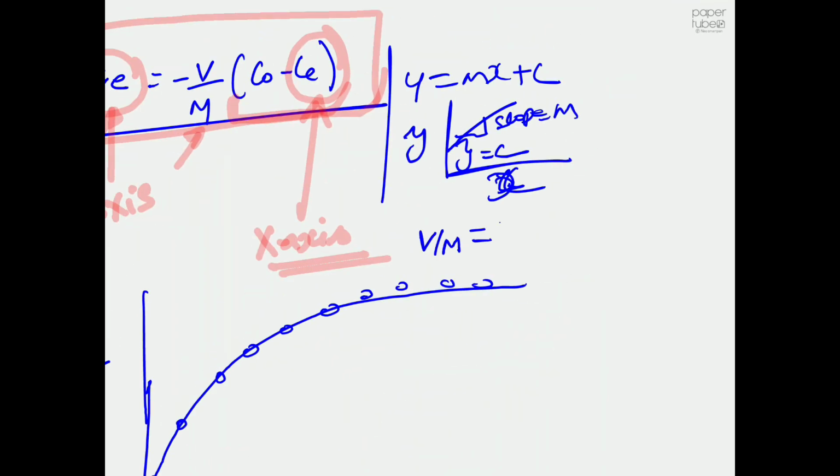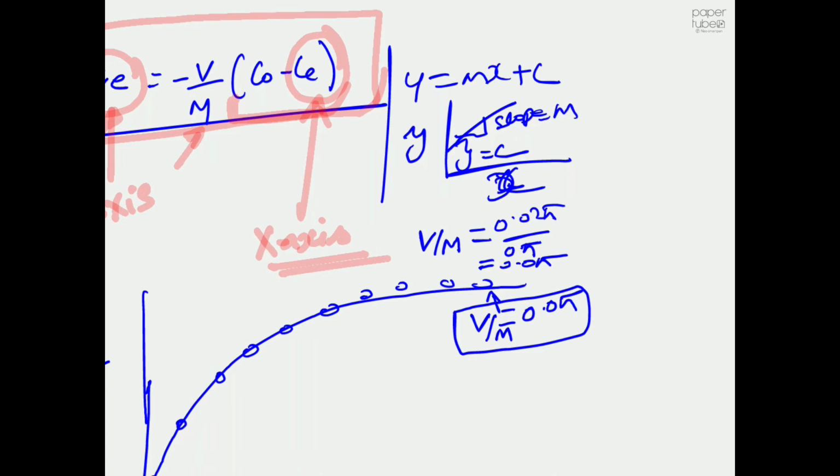So in this case our V by M ratio is 0.025 divided by 0.5, so that should be equal to 0.05. So this is obtained at a constant V by M ratio of 0.05. Keep this in your mind.